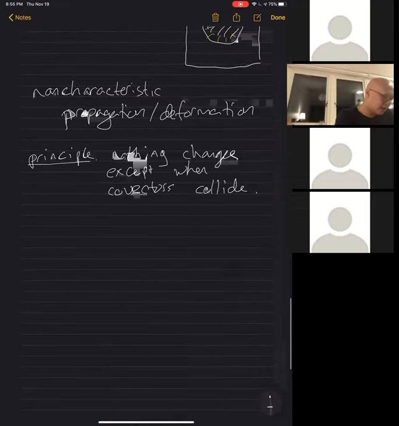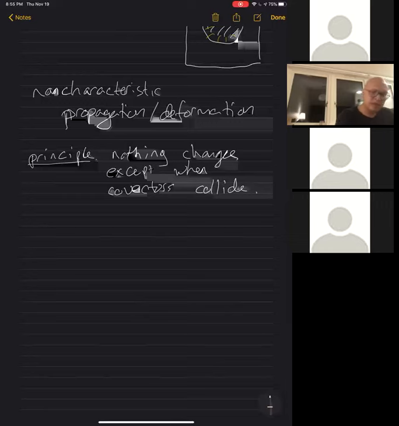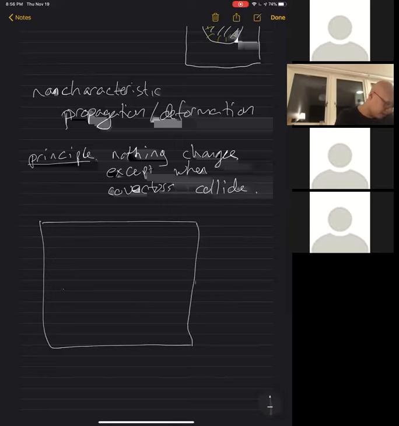And the example of this principle is what's usually called the non-characteristic propagation lemma. Well, let me just draw what it says. Okay, I'll draw what it says in this example that we've been carrying around. So now, rather than draw this dotted line, I'm only going to draw the covectors.